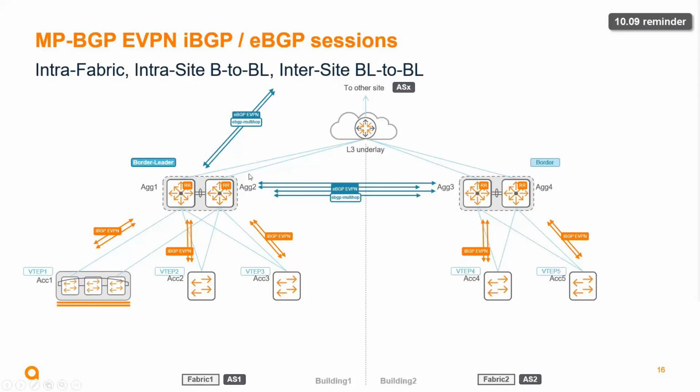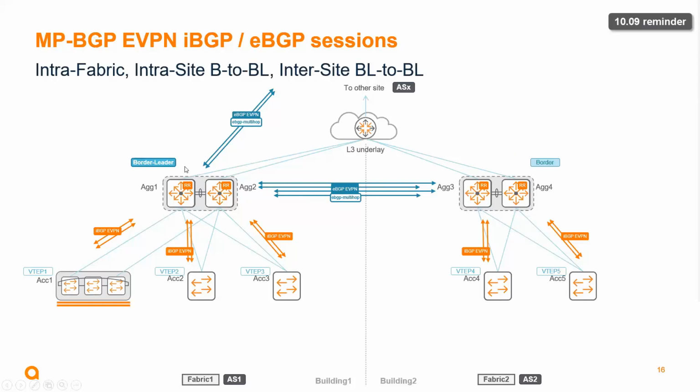This is inside the fabric. Then between Fabric 1 and Fabric 2 of the same large campus, you've got an EBGP EVPN multihop session between this VSX primary and secondary.